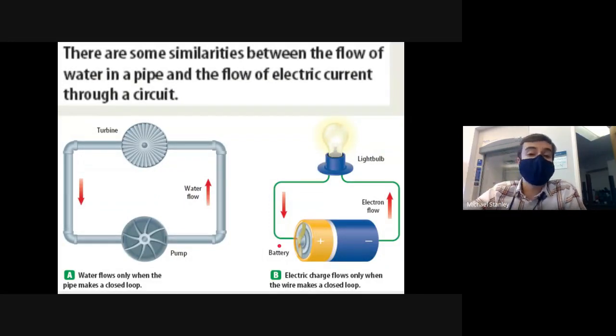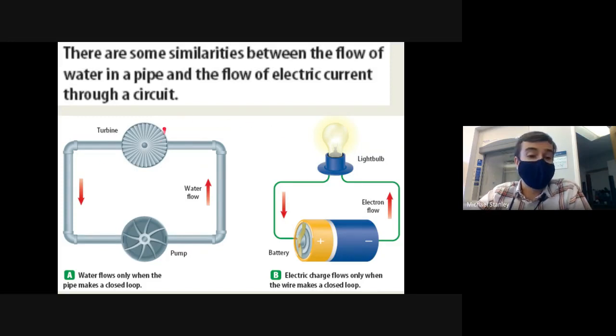So, like I was saying earlier, a good way to think about how electricity moves is to think about how water moves. We have these tubes for water to move through. Those are like our wires in electricity. We have the water itself, which is like our electric charges flowing through our system.